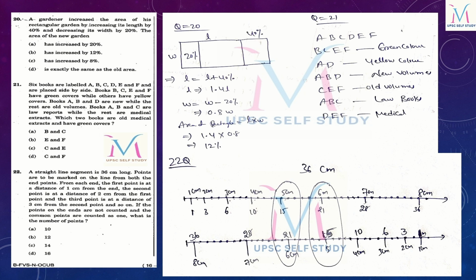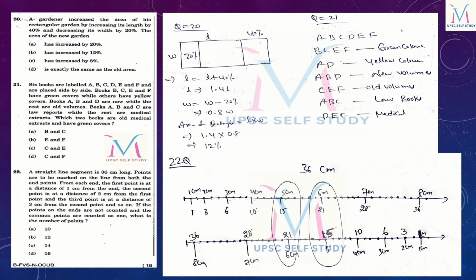Here I have marked the common points: 5 centimeters and 15 and 6 centimeters and 21 in the first line segment, and 15 centimeters and 5 and 21 centimeters and 6 in the second line segment. These will overlap on each other if you draw these lines on a single scale.